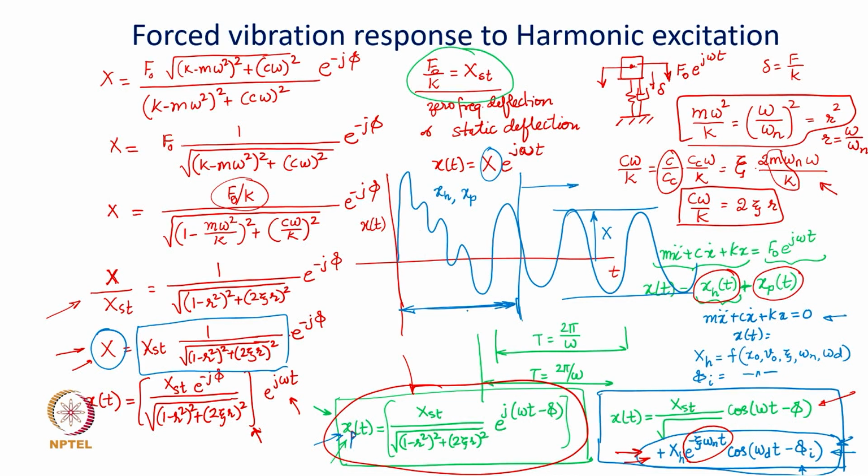How long this period remains is again dependent on the value of zeta. If you have a large zeta, more than 0.1, within a couple of cycles you will find that this completely settles down. If you have zeta like 0.01, maybe a few more cycles before the contribution from the second term vanishes, right. So, this is the total x of t.